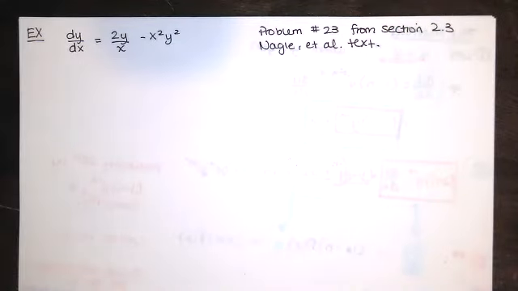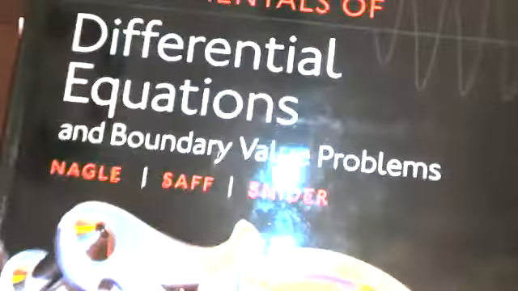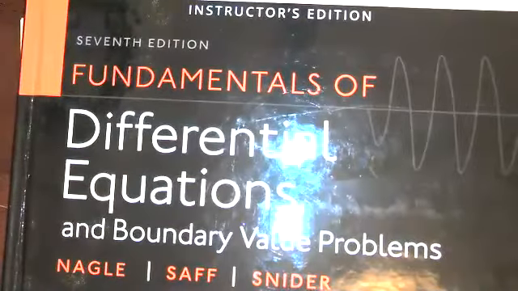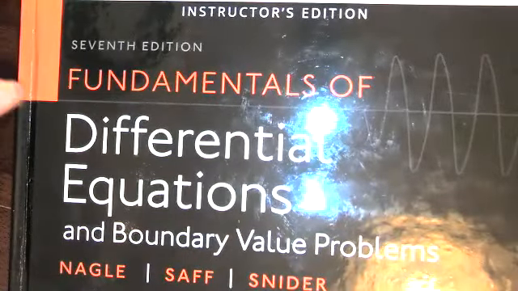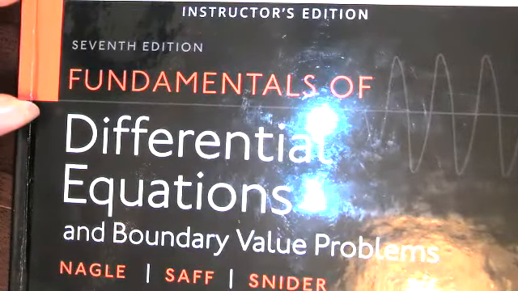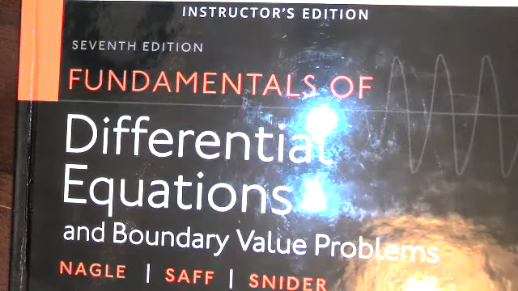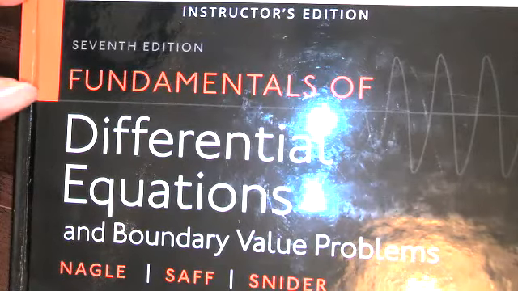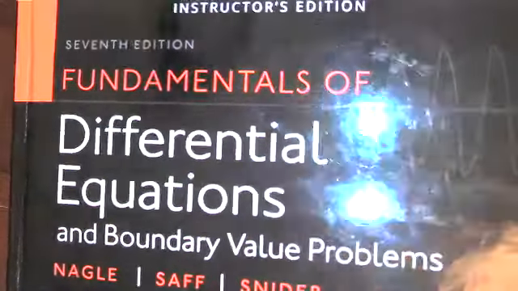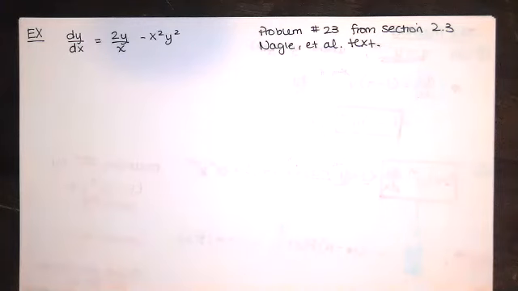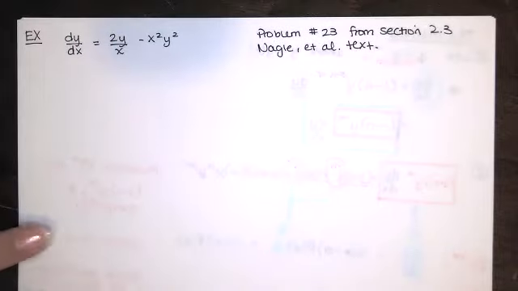And if you want to see the text, I've got it right here. This is from this textbook, Fundamentals of Differential Equations. There's another version of this that does not have the same chapters at the end. This is, I think, the long version. There's another one where the cover is yellow, and I think it might say Essentials of Differential Equations instead, or something like that. But both books are very similar. So that's where this problem came from.